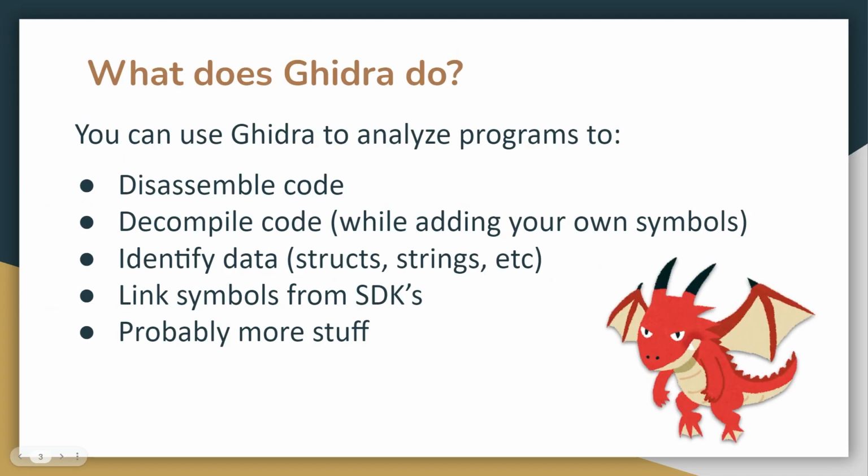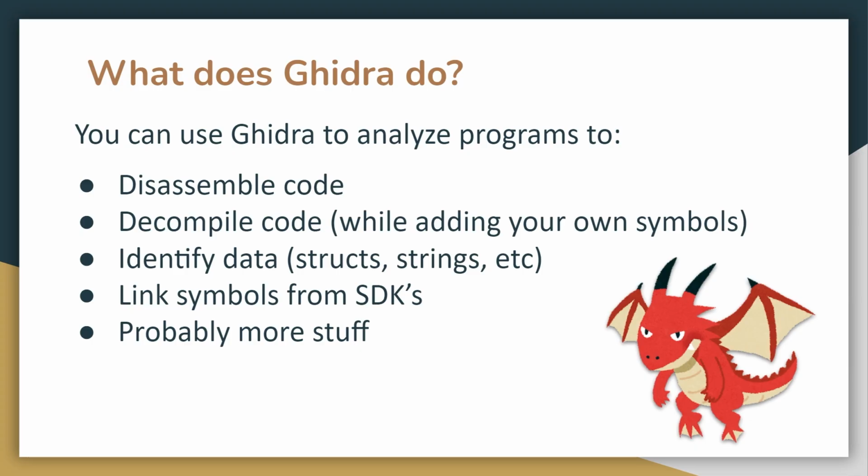So what does Ghidra even do? Well, it's a program for disassembling code. That's something that it does automatically, but that's something that a lot of other programs can do. What makes Ghidra really special is that it decompiles code automatically and allows you to add your own symbols to make that automatically decompiled code resemble something that's pretty close to source code.